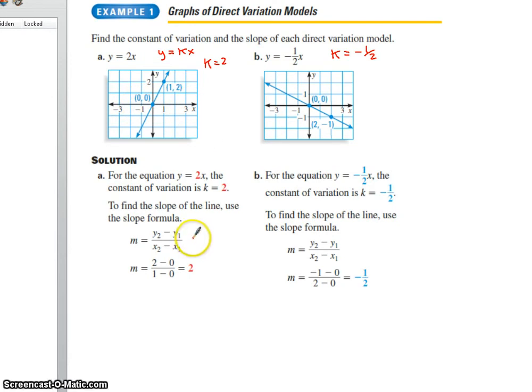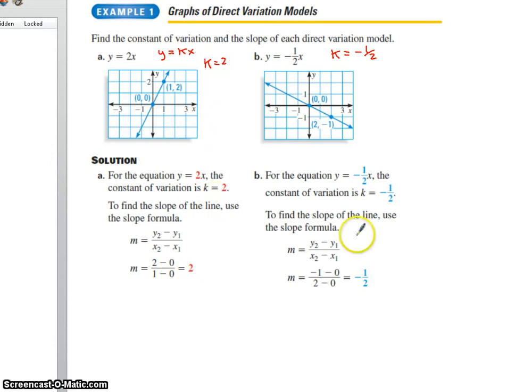When we go down here, we have y2 minus y1, so we have 2 minus 0, and we have 1 minus 0 for the x values, and we see that the slope is 2. We also see that our constant of variation is 2.